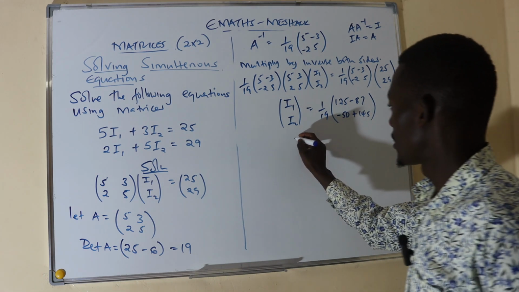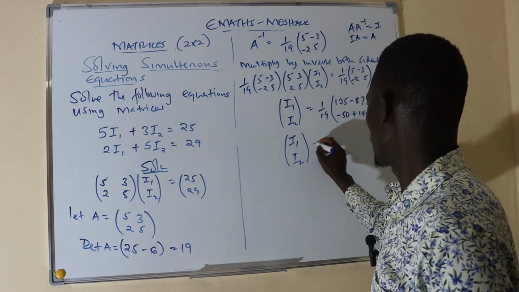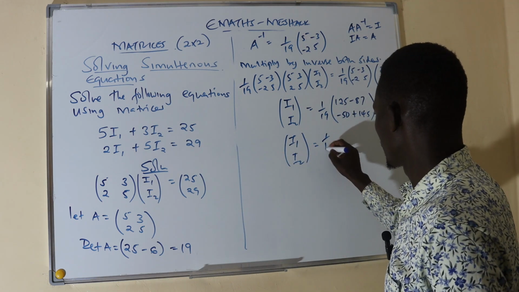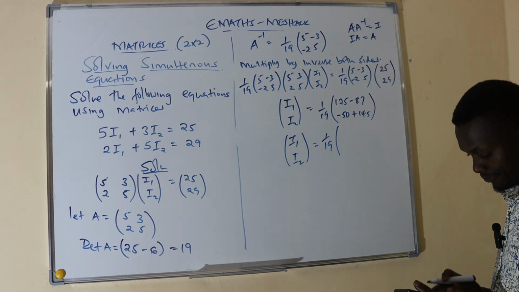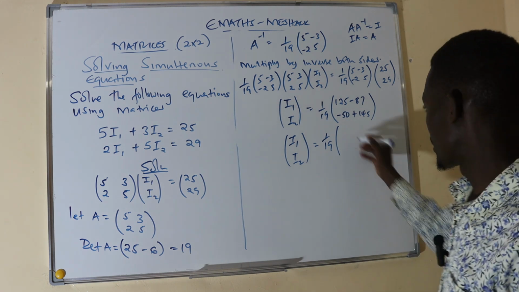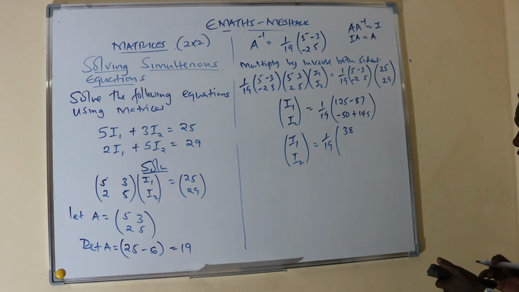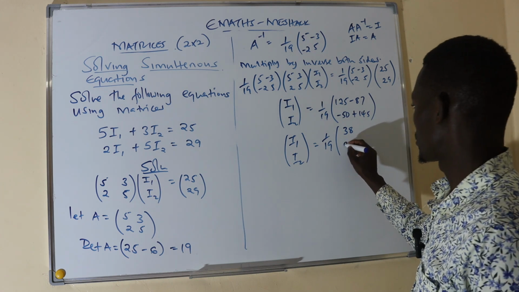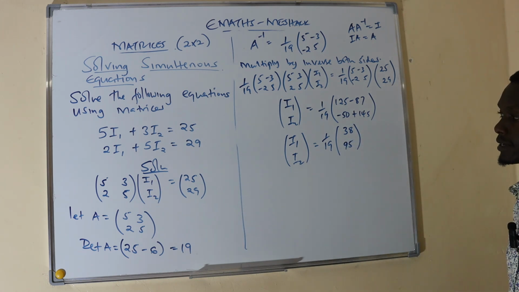Therefore I1, I2 equals 1 over 19 times 125 minus 87, which gives me 38, and then negative 50 plus 145, which gives me 95.